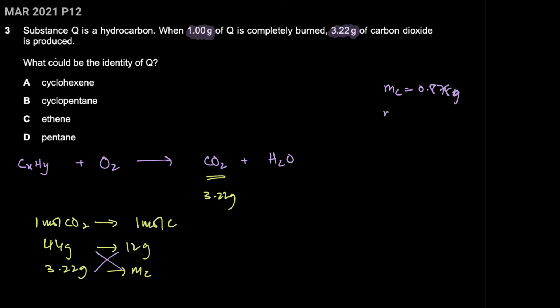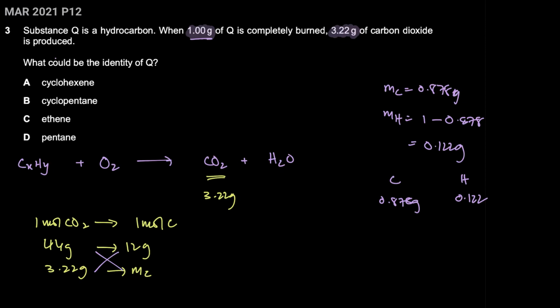Now that means that the mass of hydrogen is simply the mass of the hydrocarbon, which is 1 gram, minus the mass of carbon. So we get 0.122 grams. So then we know that we have 0.878 grams of carbon and 0.122 grams of hydrogen.